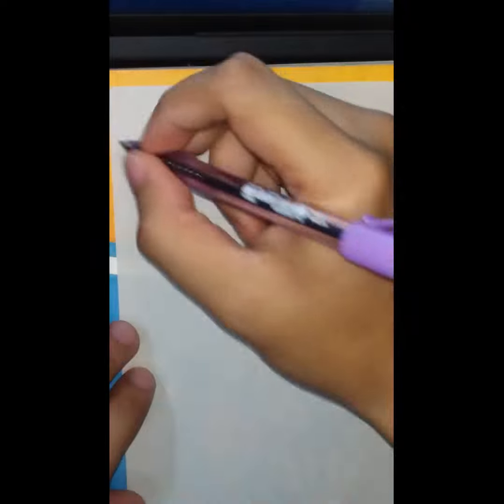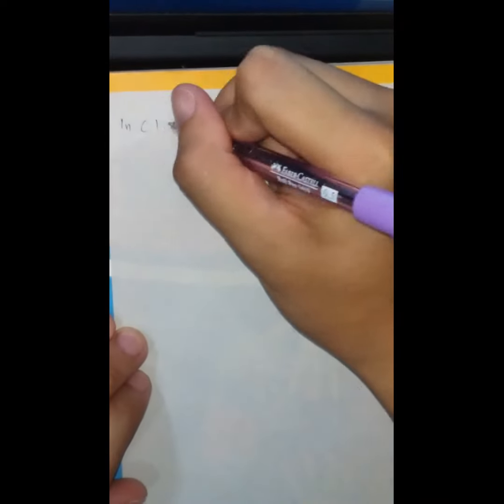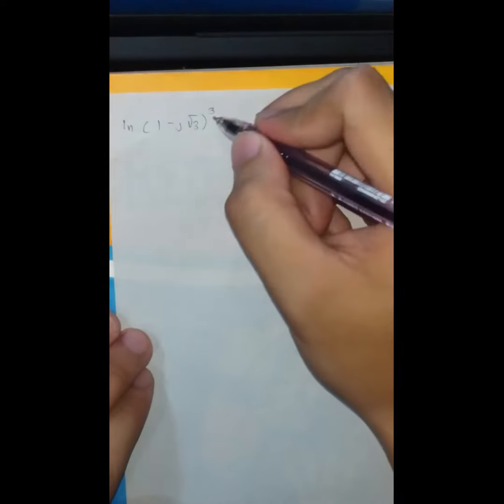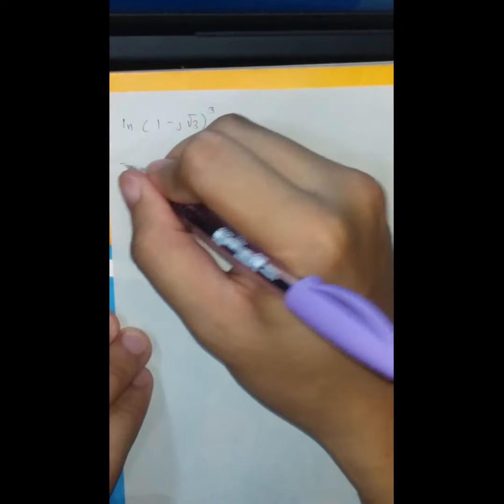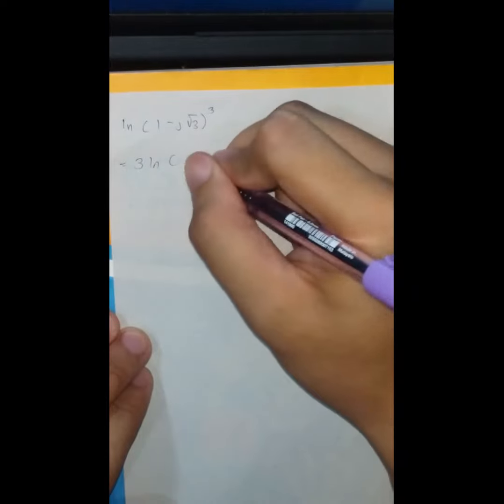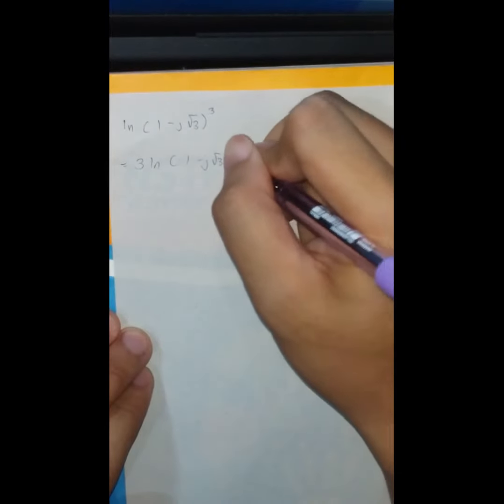Okay, so our next problem is to find the general value of ln of 1 minus j square root of 3, raised to 3. Okay, so first we move the 3 to the front. So we get 3 ln of 1 minus j square root of 3.